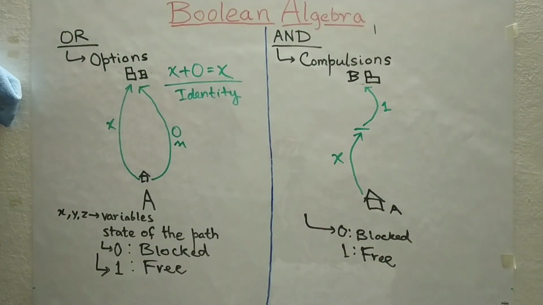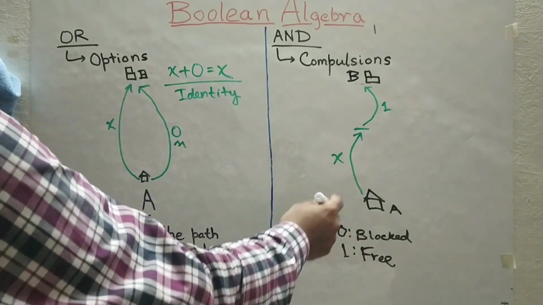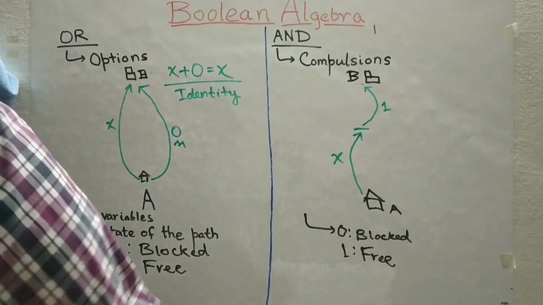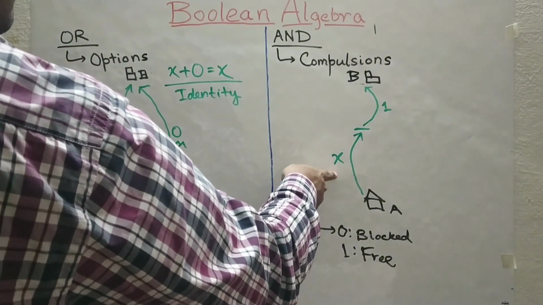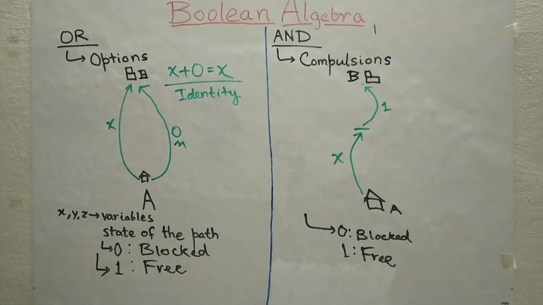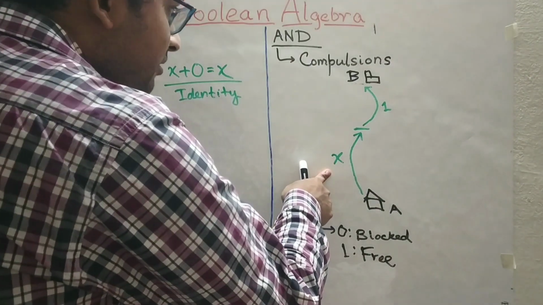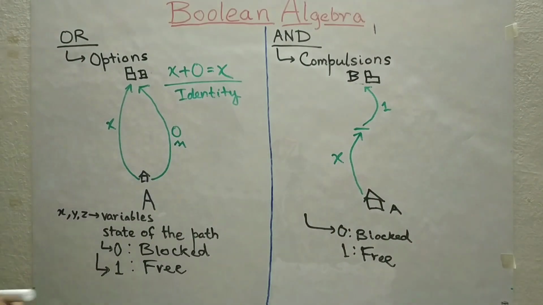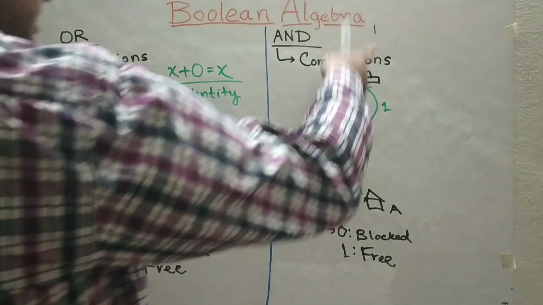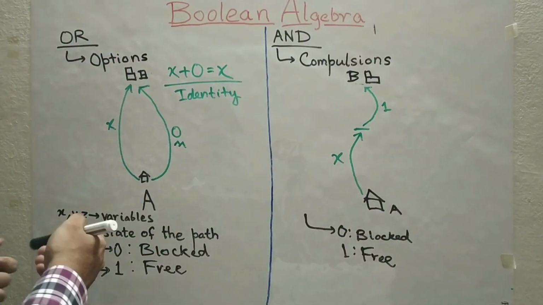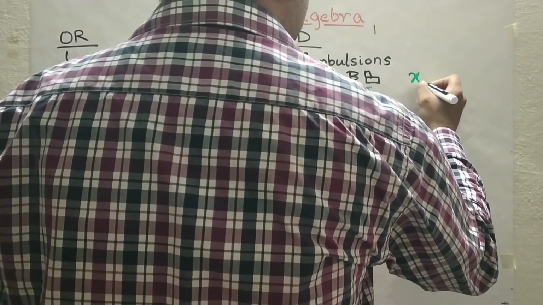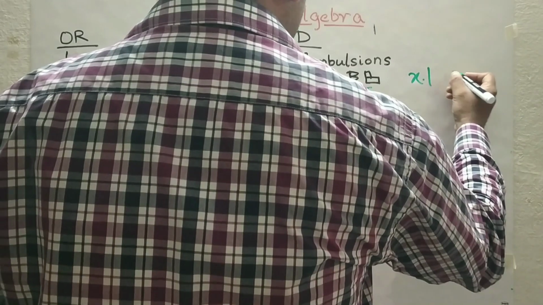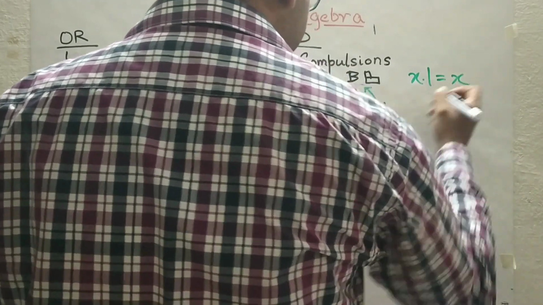Now you want to go from A to B, you only need to know the state of X, or the value of X. If X is blocked, you cannot go. If X is free, then you can go. If X is 1, then there is a path you can go. That means that X and 1 is equal to X.